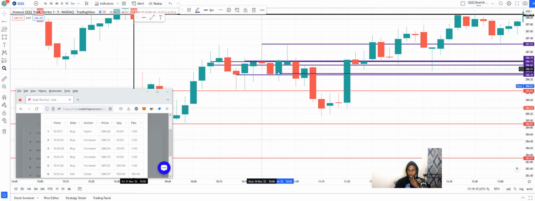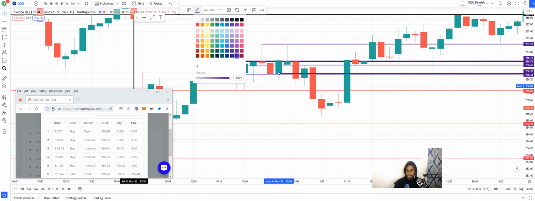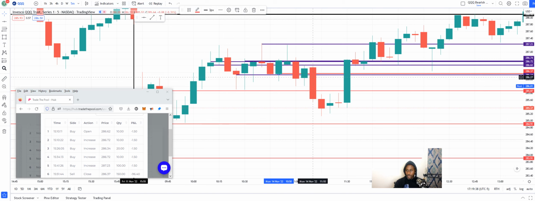So I bought from here, and this is where I closed. So that was the close, and you can even mark that in red. So that's where I closed out the trade.